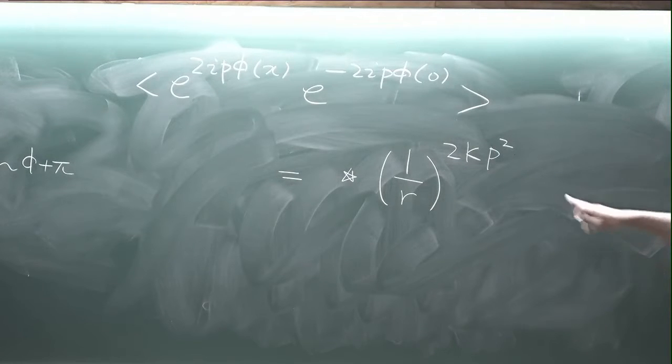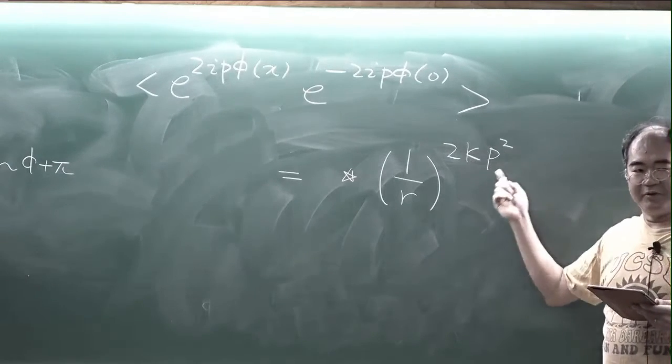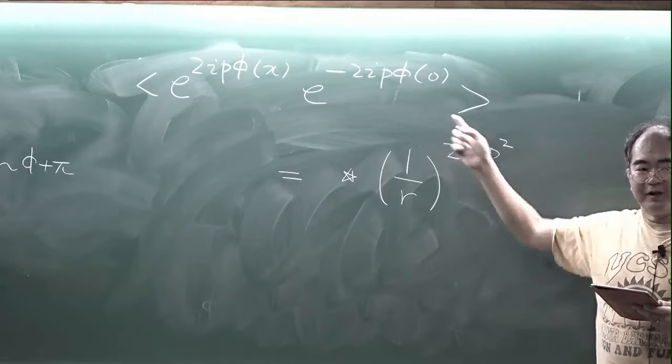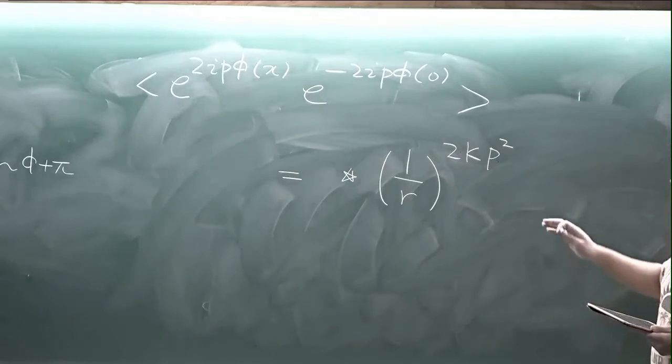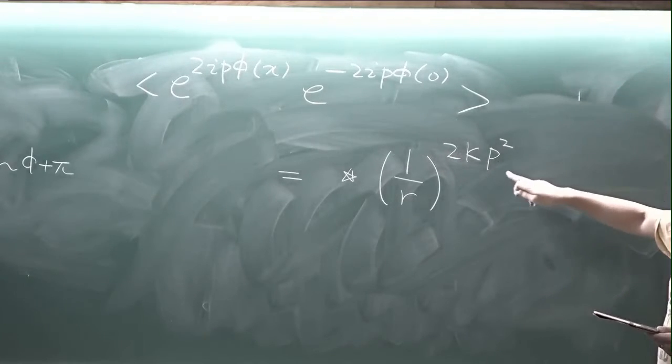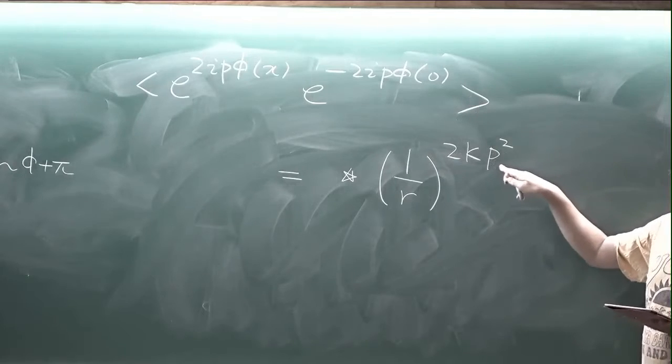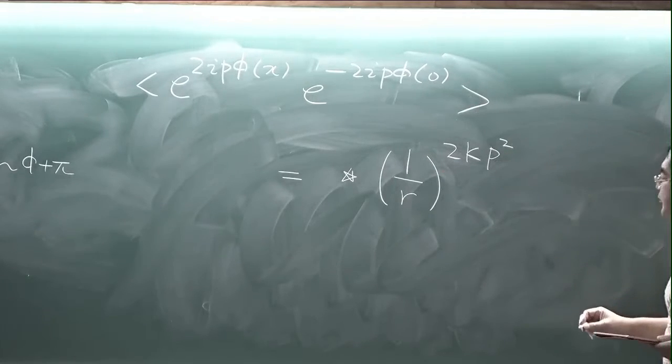So k, which appears in the front of this effective Hamiltonian, is important in determining the power or critical exponent of various physical operators. For different types of physical operators, you have different values of p, and you have different exponents.